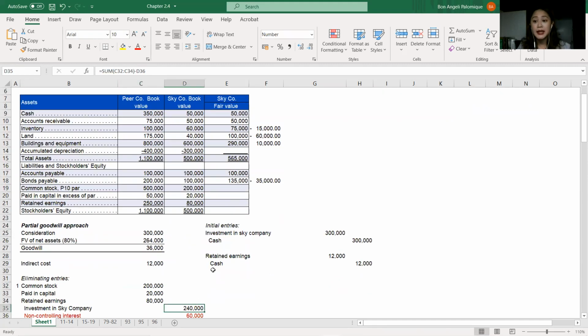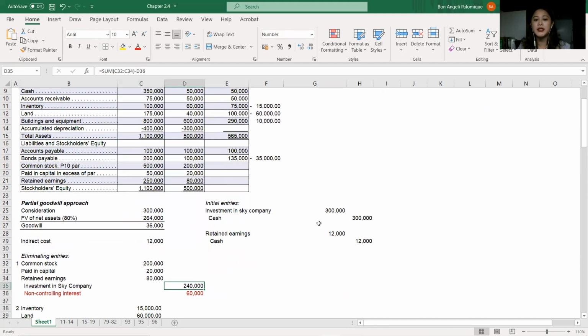Tapos, credit natin sa investment in Sky Company kasi eliminate din natin yung portion nito. Actually, eliminate mo to buo. Pero first is yung portion muna niya, which is yung 240,000. So, paano nakuha yan? Dati kasi hanggang ganito lang yung kinumpit natin dun sa part 3 natin. Pero, naturo din nung part 2 yung NCI, di ba?